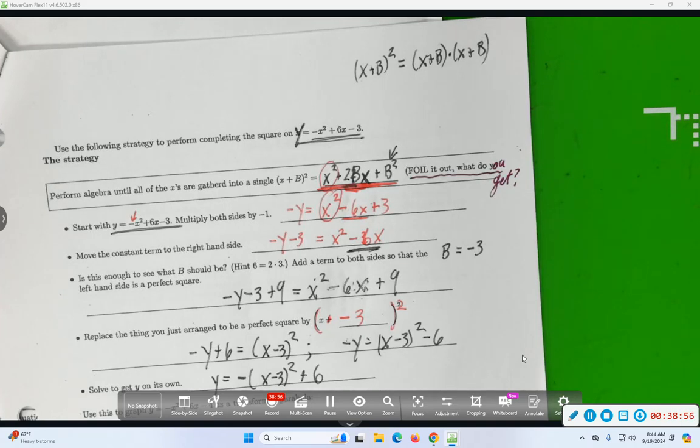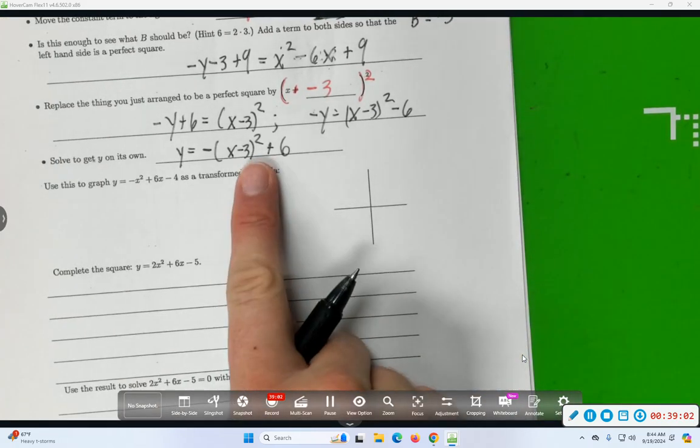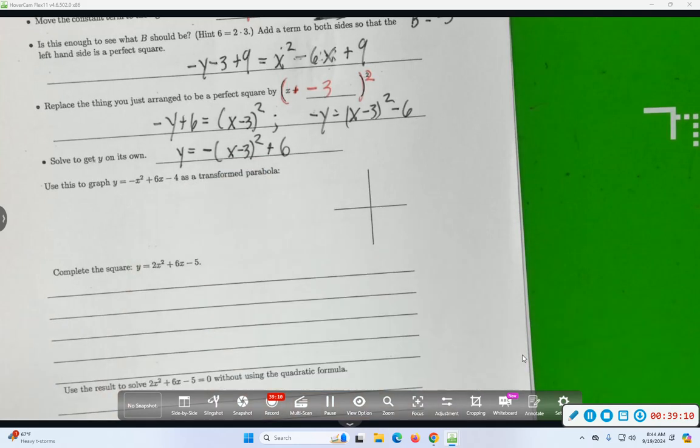So in order to reinforce why on earth you would do this, this is enough that we can now graph. So let's graph this now. To graph that function, let's just talk through what you would do. You'd start with x squared, so upward opening parabola. And what would you do to it?